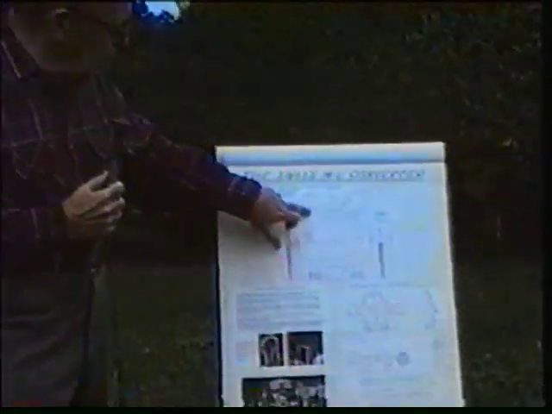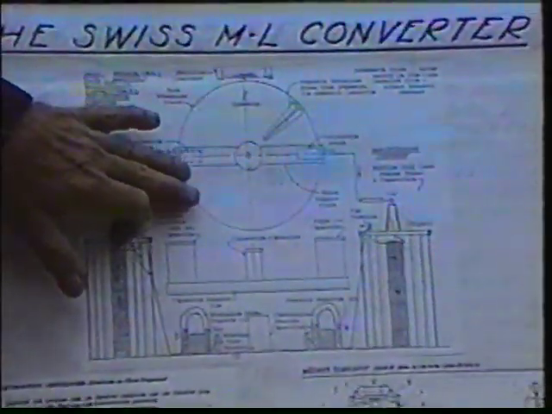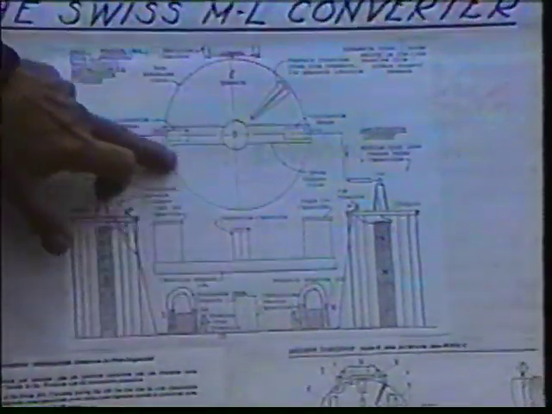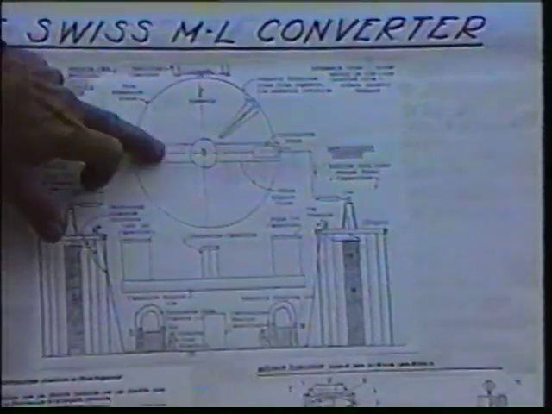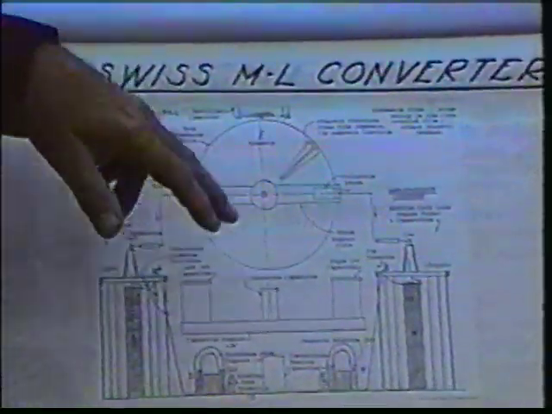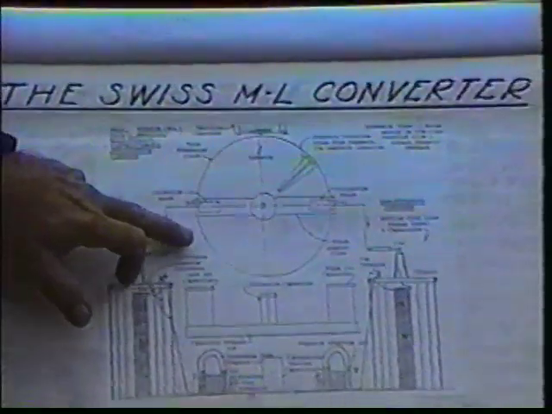It uses a dynamic portion which consists of the electrostatic disc, generally similar to the Wimshurst electrostatic generator. And that produces a high voltage, contrary to what we saw in the N machine. Now we're talking about high voltage and low amperage, which is the converse of the N machine.